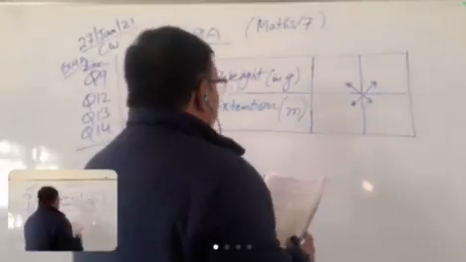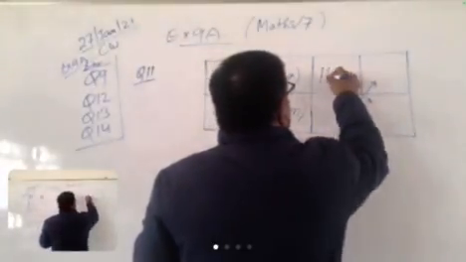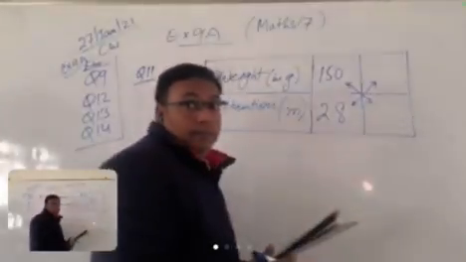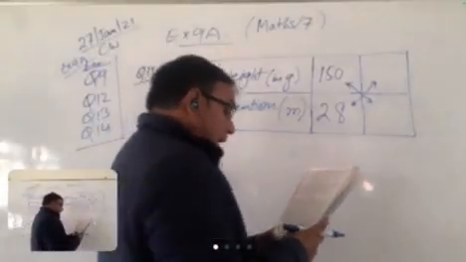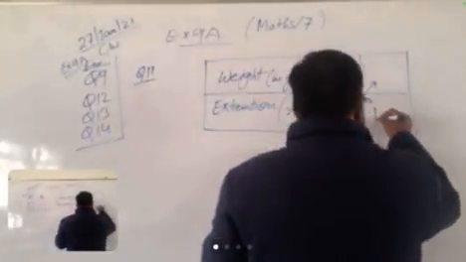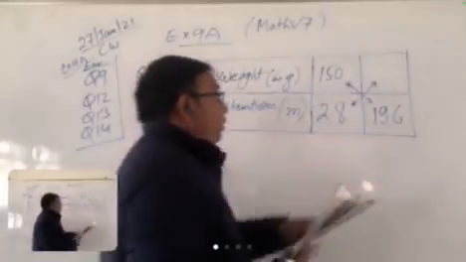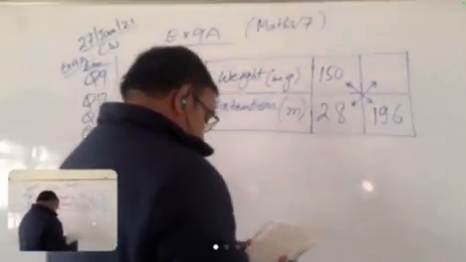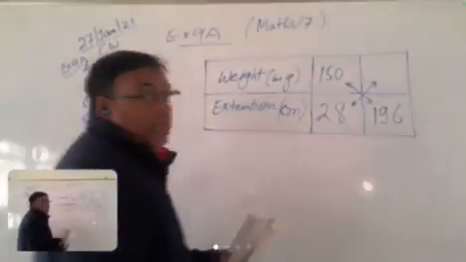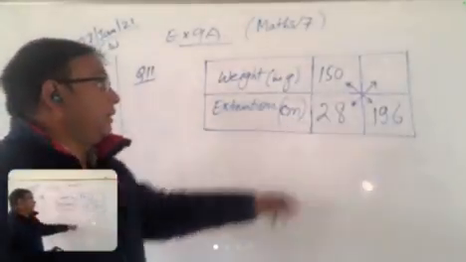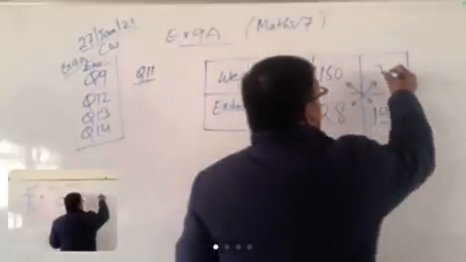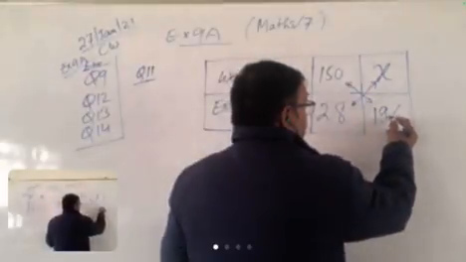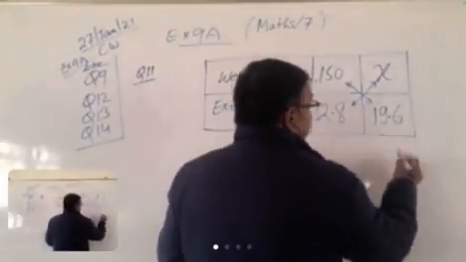So if we put a weight of 150 gram, then the extension produced is 2.8 centimeter. Okay, and what is the weight we have to put to produce the extension of 19.6 centimeter? So now the extension is in centimeter. Okay, everyone correct it, centimeter. And now here we have to put x. This is 19.6. It is 2.8.